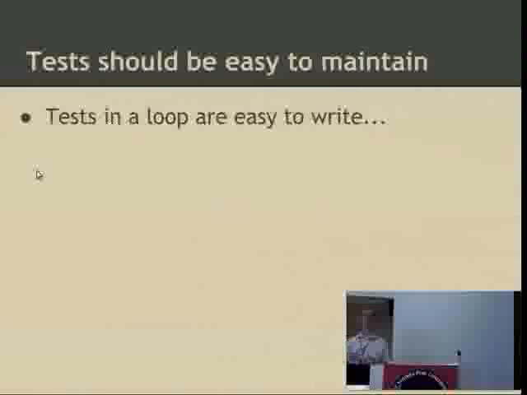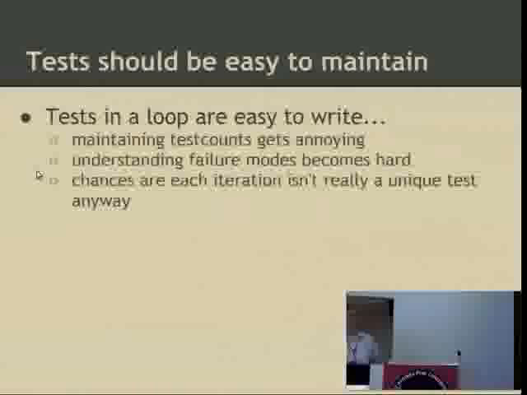So switching away from the idea of building out your test library, I think I've kind of hammered that as far as I want to. When you're writing your tests, a big thing you should care about is maintaining them, right? You've got to maintain code and test the code. You've got to maintain your tests. Tests in a loop are really easy to write. They're really tempting.